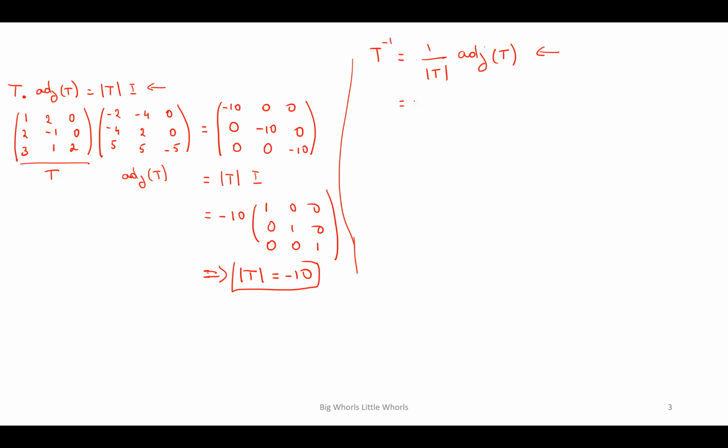So we have the inverse of T is 1 over minus 10, so minus 1 over 10 multiplied by the adjoint, which is minus 2, minus 4, 5, minus 4, 2, 5, 0, 0, minus 5.